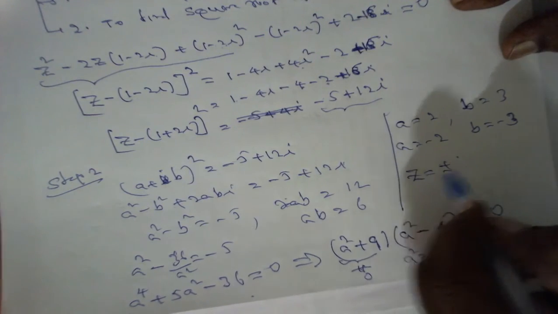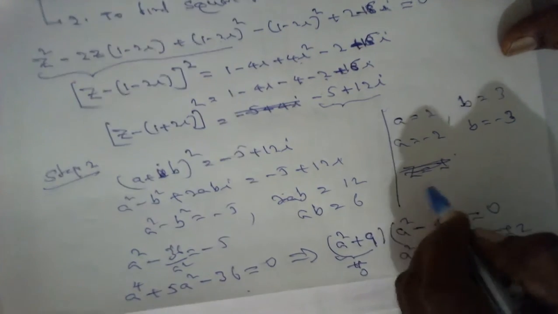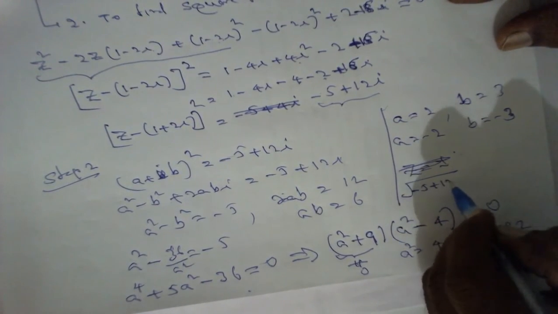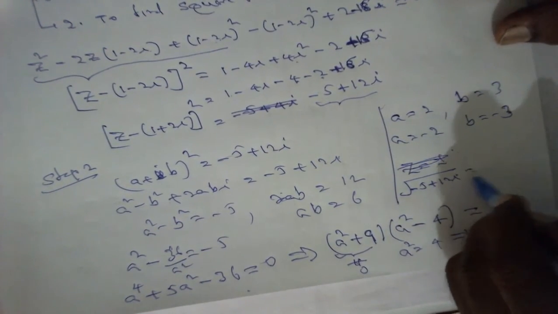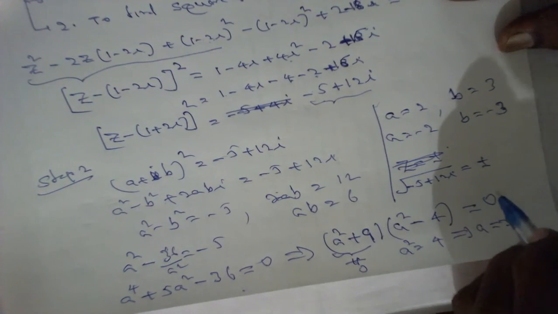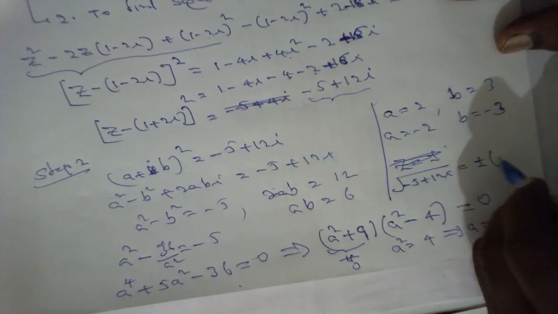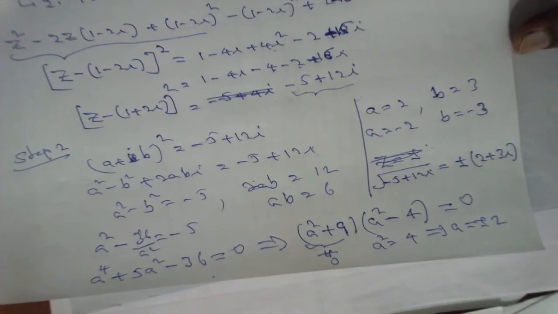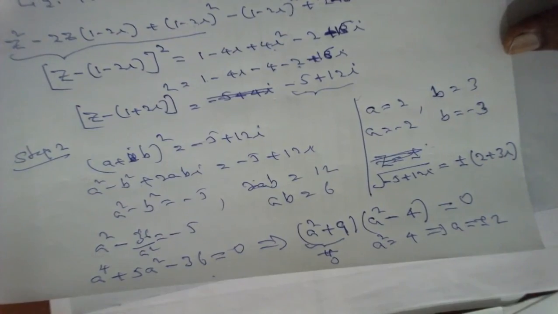That means the square root of minus 5 plus 12i equals plus or minus (2 plus 3i). Now the next part is very easy.